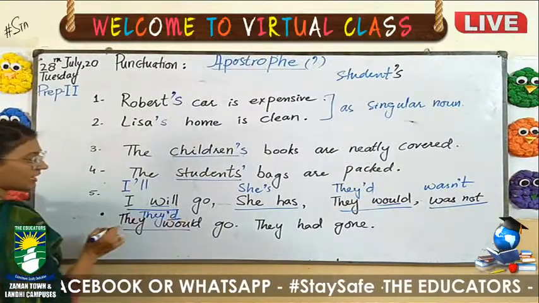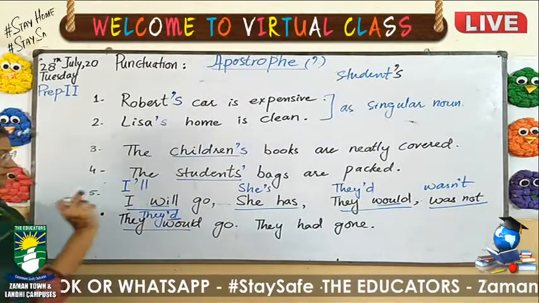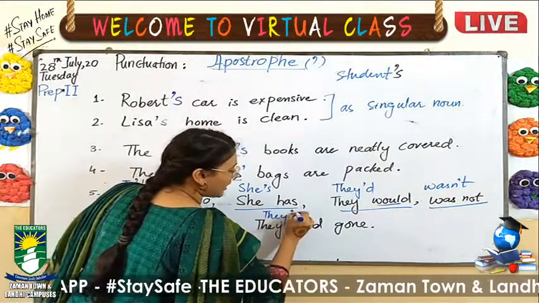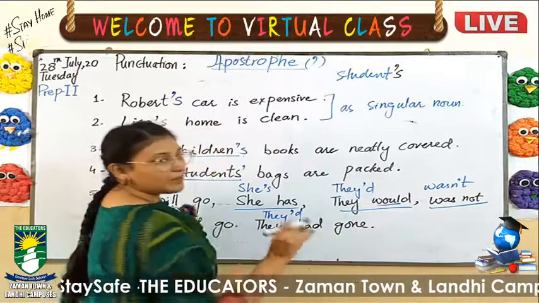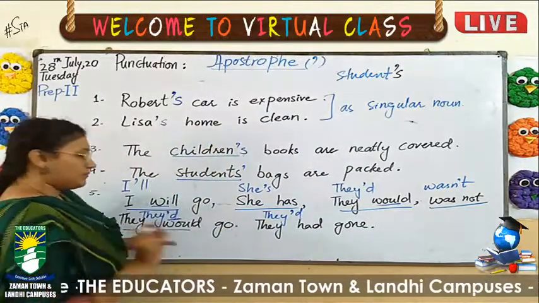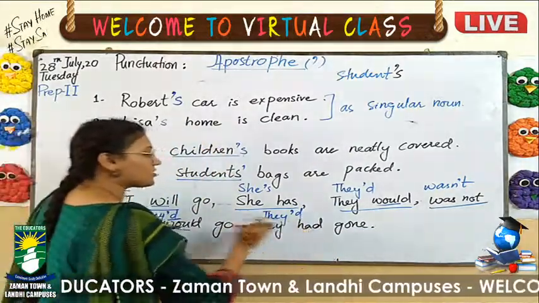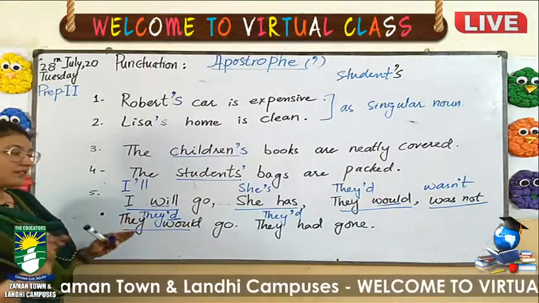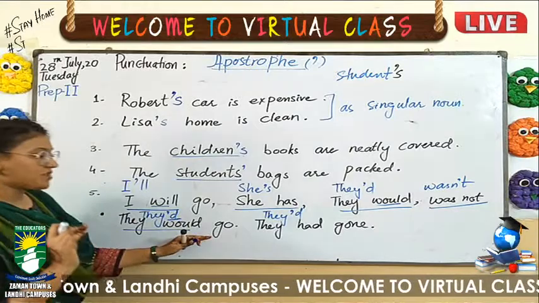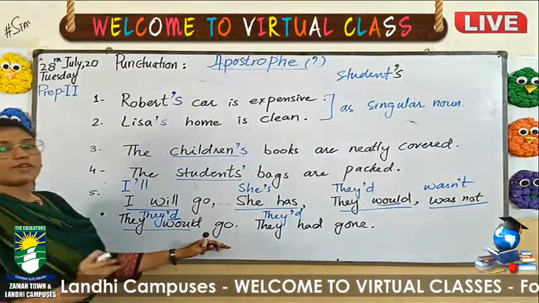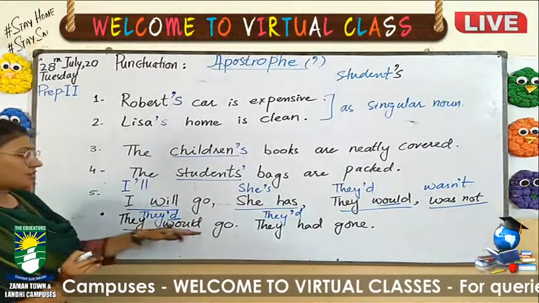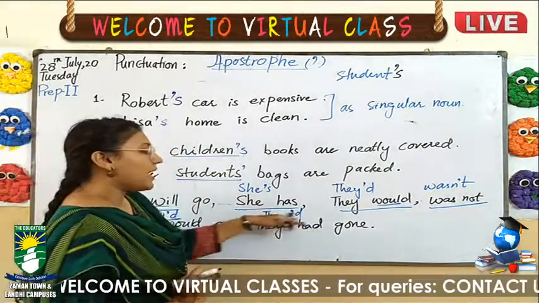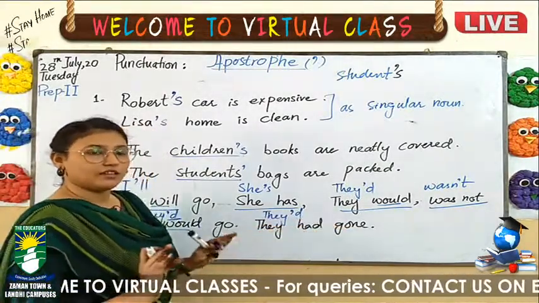But in they'd gone we have used the past participle form. Both sentences follow the same rule, but we can recognize the tense by observing the form of the verb. They'd go means there is would. They'd gone means there is had. Is that clear?